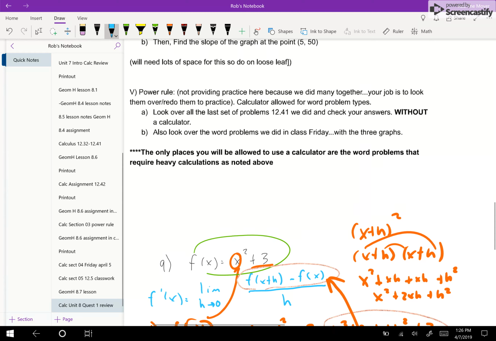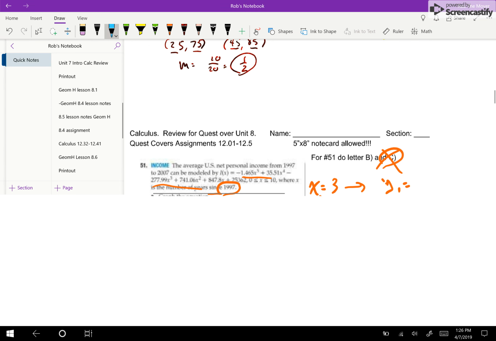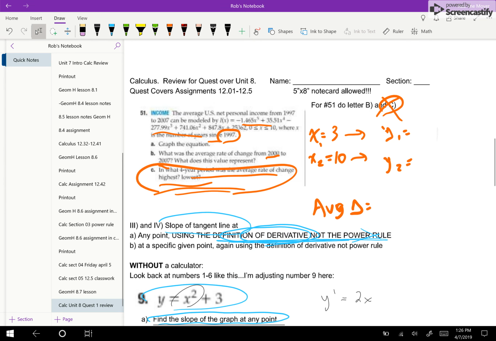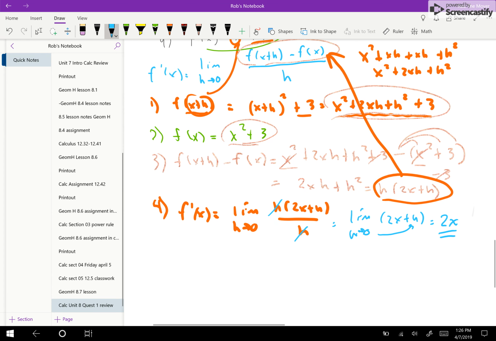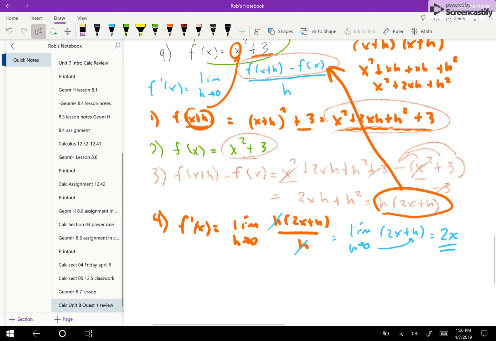Now remember, we thought the derivative would be 2x, right? And indeed, I got the same answer. If for some reason you get 3x there, or you get 2x plus 7, or something like that, you know you weren't correct. Go back and look at your algebra. I need to see that you've subtracted out that 3 and it's gone, right? I need to see that the x squared cancels out.